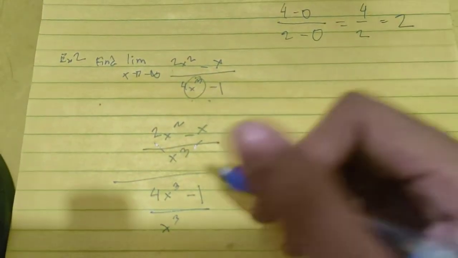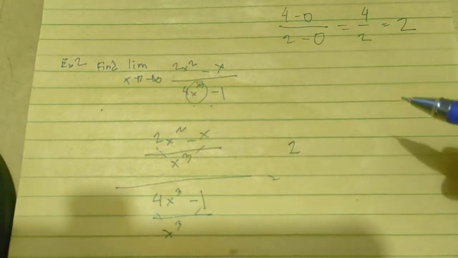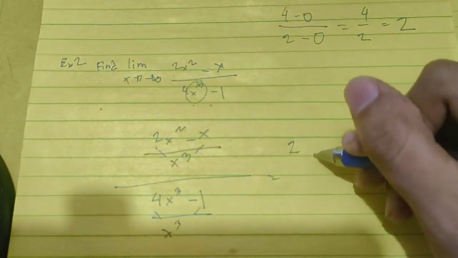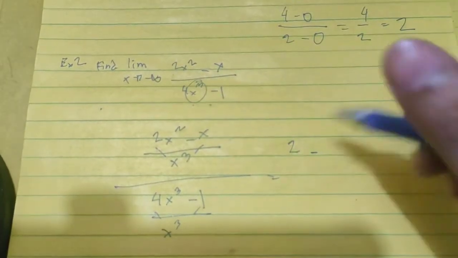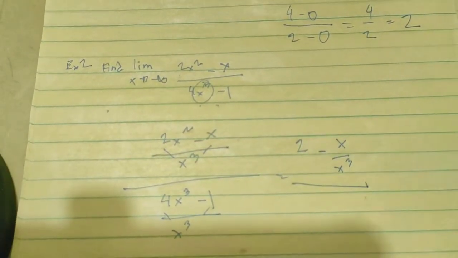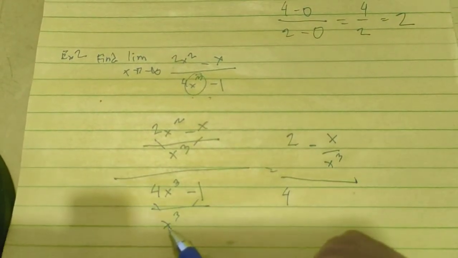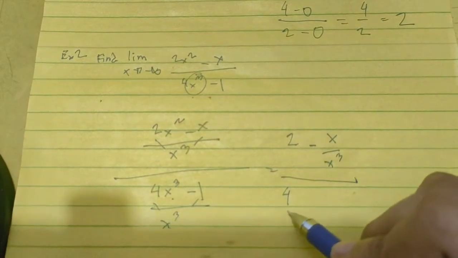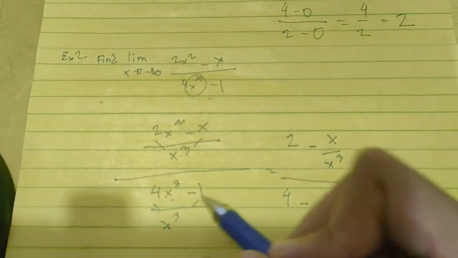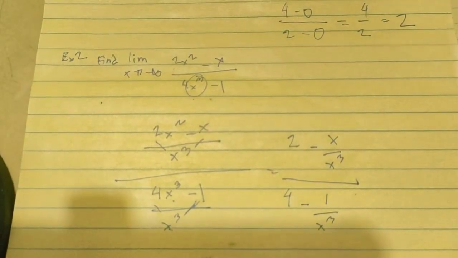So in our numerator, we get 2 minus this negative x over x cubed. In our denominator, we get 4, because x cubed divided by x cubed is 1, so we get 4 minus 1 over x cubed.